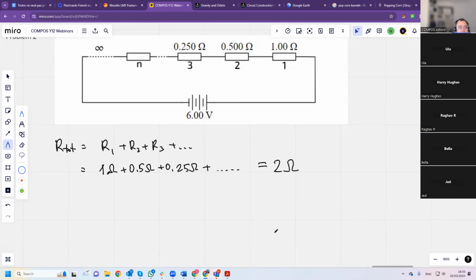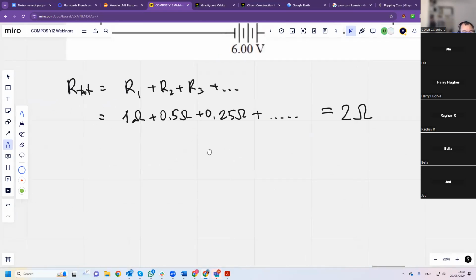Well, first and foremost, it's a geometric sequence. It's 1 plus 0.5 plus 0.25. It's a geometric sequence with r equals 0.5.